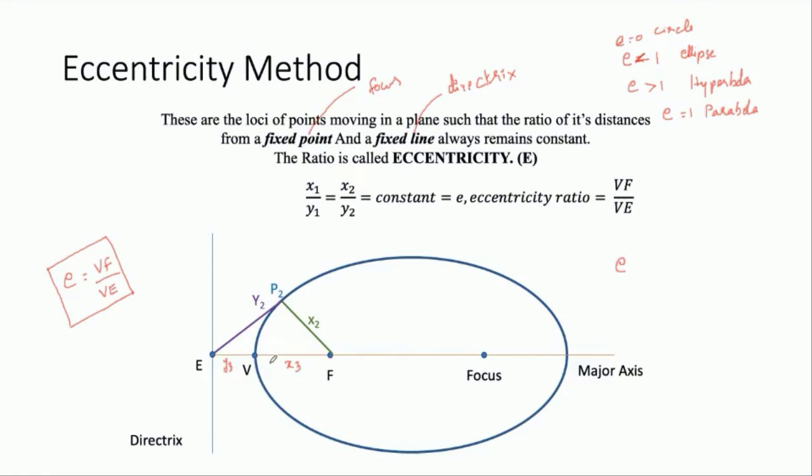This ratio of the distances is equal to E, which is always constant for all these curves: ellipse, parabola and hyperbola. The ratio value will be less than 1 for an ellipse, equal to 1 for a parabola and greater than 1 for a hyperbola. So please remember this also.